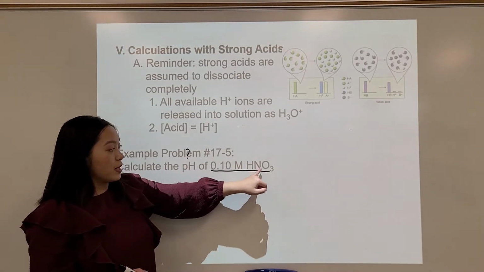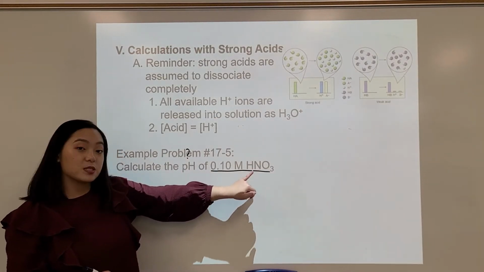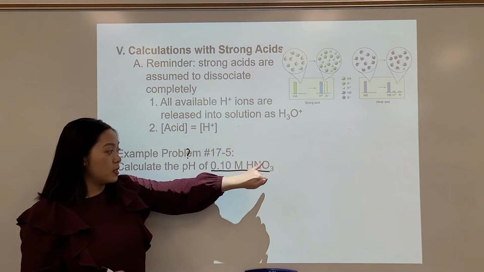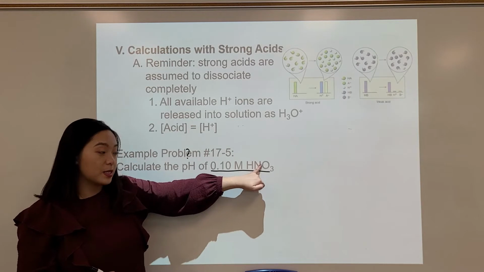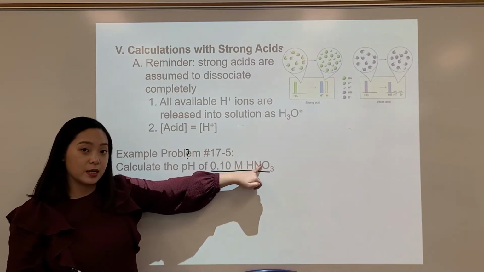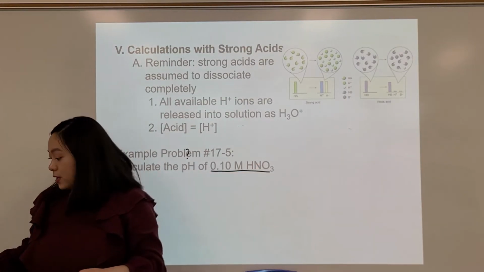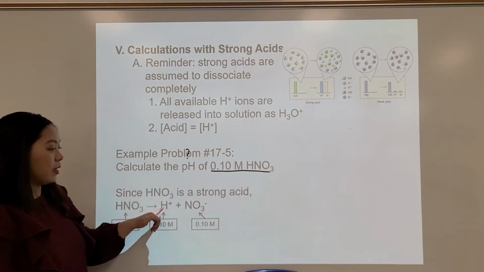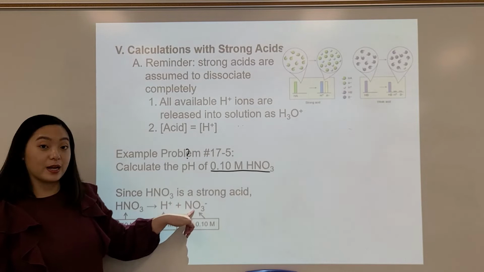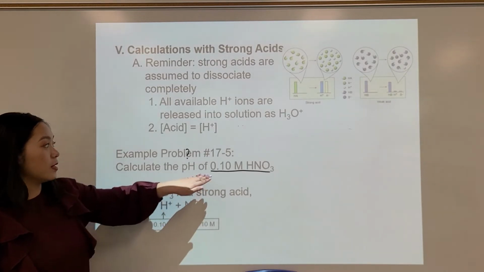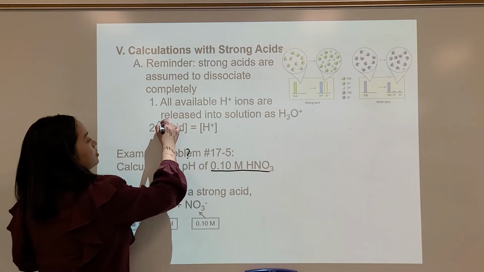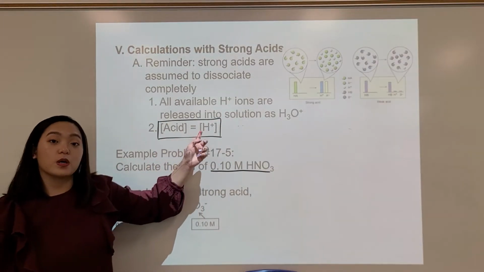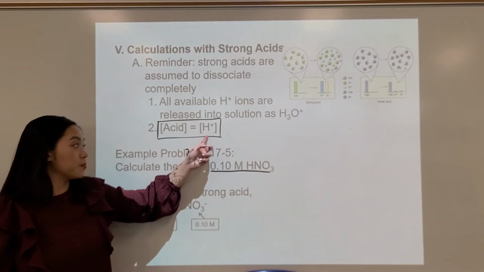Now I know that nitric acid is part of the 6 strong acids on our table. So strong acids dissociate completely into H plus and the anion. So let's go ahead and write down that chemical equation. Nitric acid, H plus, and the nitrate ion. Now, because of this relationship, the concentration of the acid is equal to the concentration of the H plus ion.